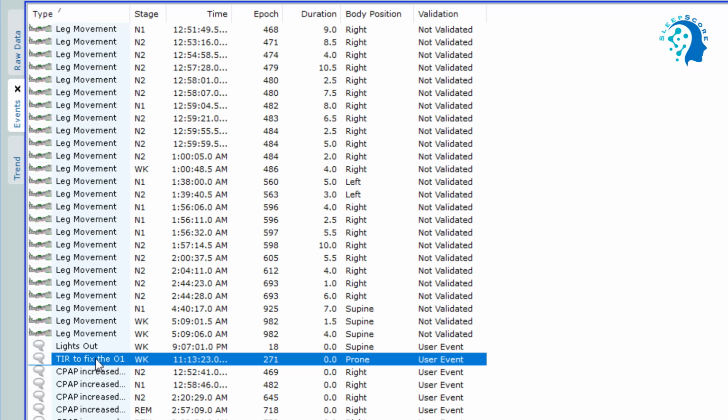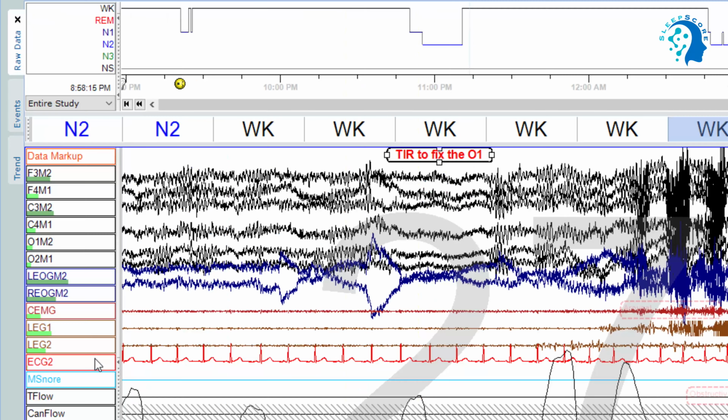And if I double click, then here is the raw data. It goes to the raw data and shows me where the fixing happened.